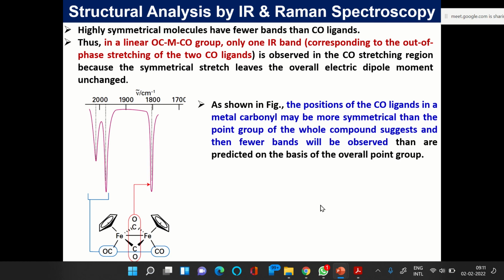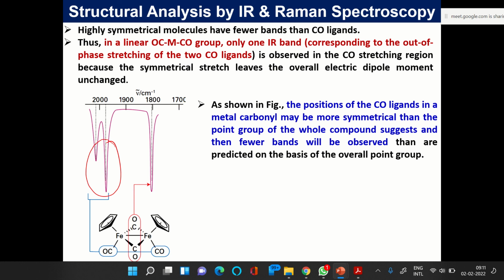So when we were discussing this, that's why we were expecting two bands. Look carefully at this graph. We are getting two bands for terminal CO ligands.